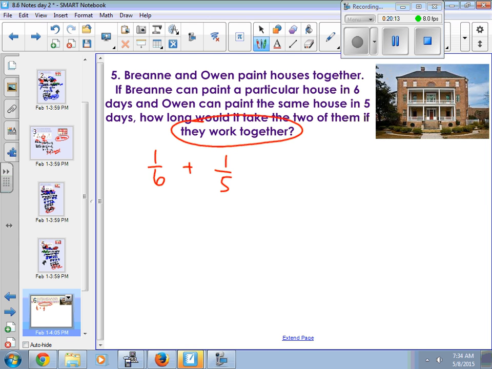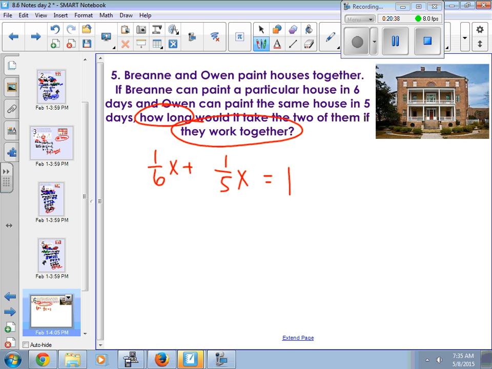And they are going to paint one house together, so we should put this equal to 1. So the only thing we need to know then is how long it's going to take them. Add in our variable for time, and we should do that. So if we add up 1/6 of a house per day plus 1/5 of a house per day equals the one house, now we should be able to solve and answer this one.